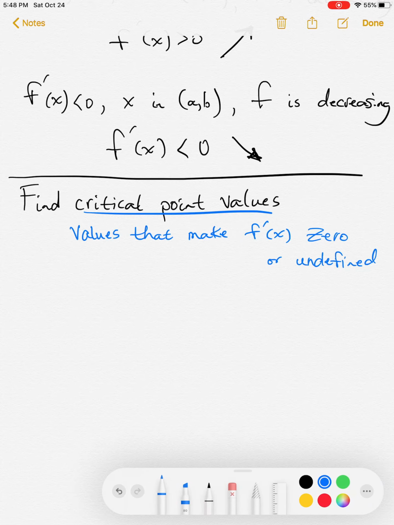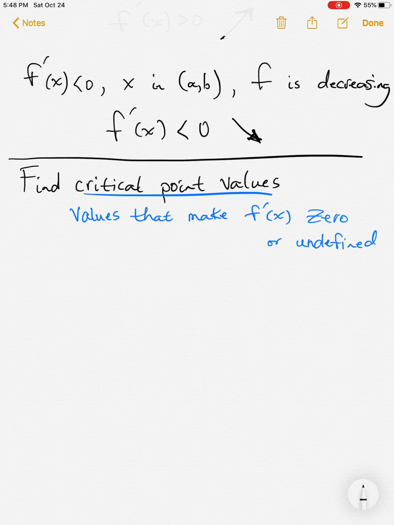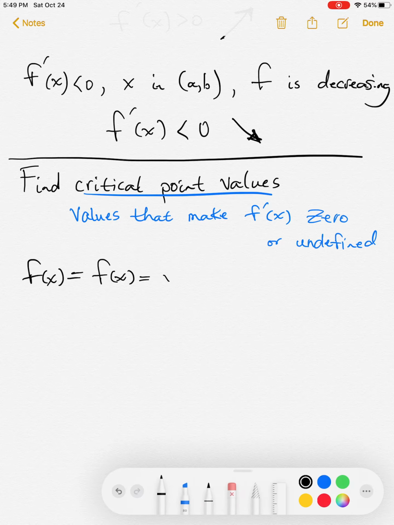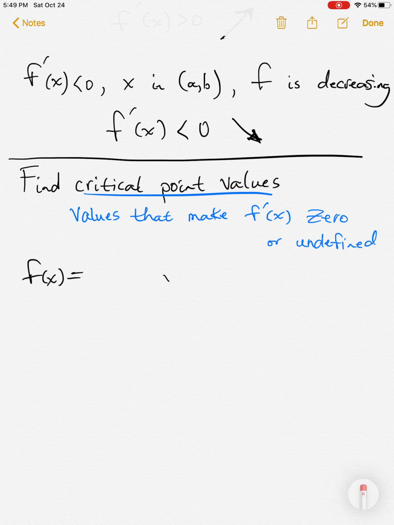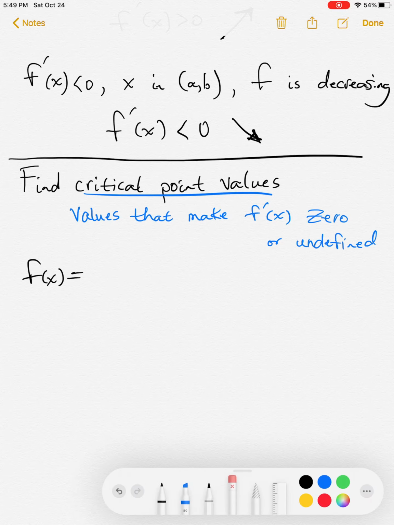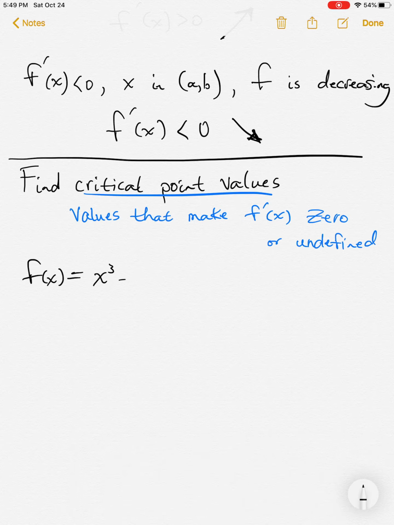All right, so jumping back into the example, when it says find the critical point values of a function and identify the intervals of increase or decrease, we'll use those critical point values. So the function that it gives us is f of x equals x cubed minus 12x minus 5.